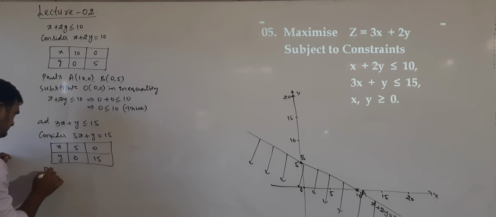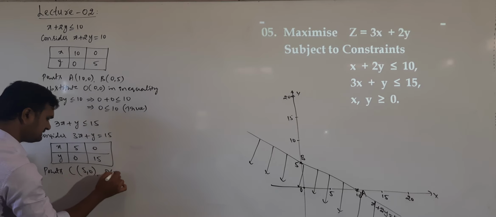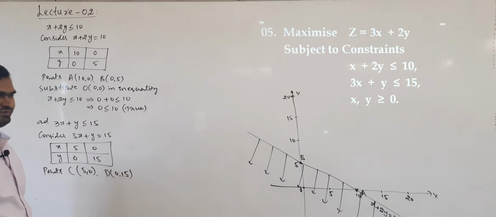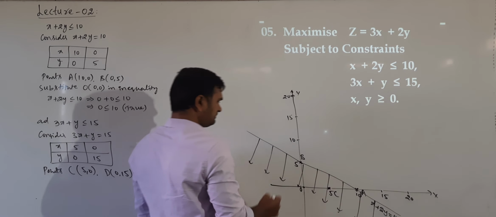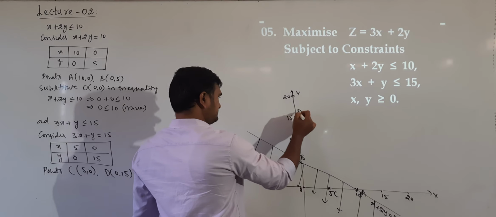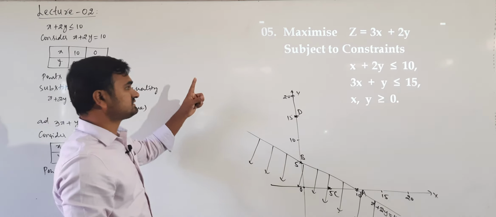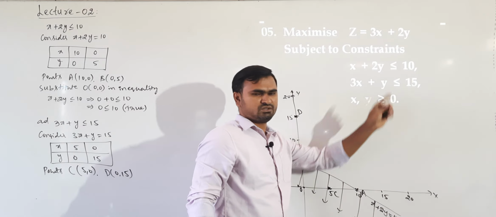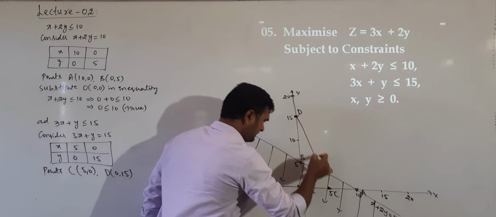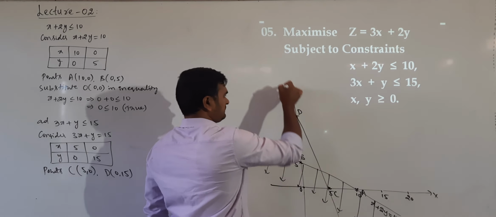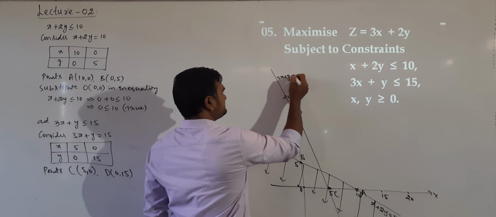So C is 5 comma 0 and D is 0 comma 15. Joining these two, again we have to draw a dark line because of less than or equal to, including the line, passing through C and D like this, and name the line 3x plus y is equal to 15.